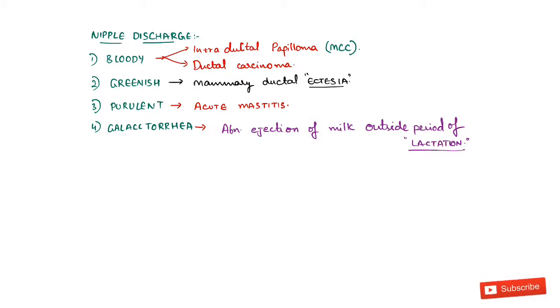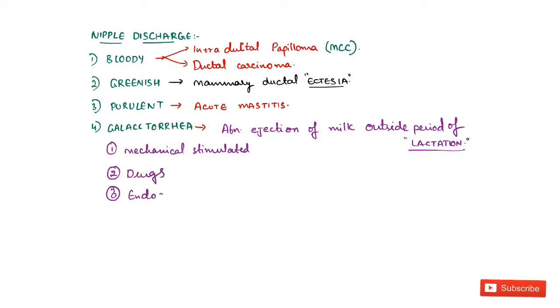Galactorrhea is mostly seen in three conditions. The first one is mechanical stimulation. When the breast tissue is mechanically stimulated, abnormal ejection of milk can occur. The second cause may be drugs, and the third is endocrine dysfunction.